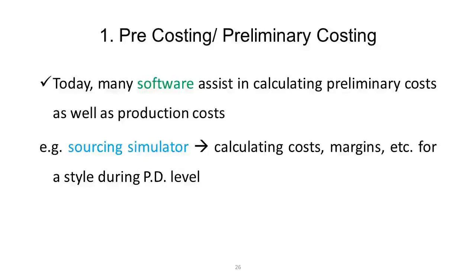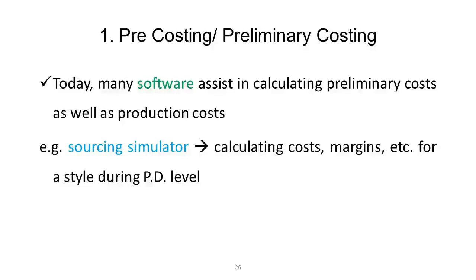Just put in the details and it will give you the cost, and you can send that cost across to your buyer. So, for example, there is a sourcing simulator. It's a software. It can calculate the cost for you, and you obviously will have to tell the software how much margin you want to keep. Based on that, it is going to give you the quotations.